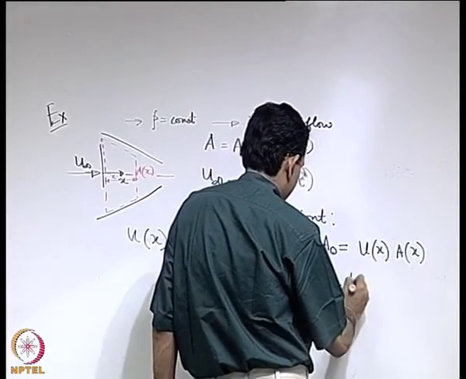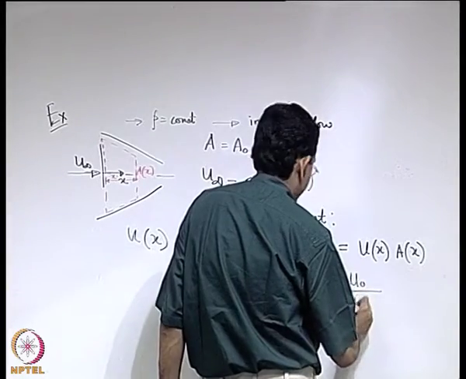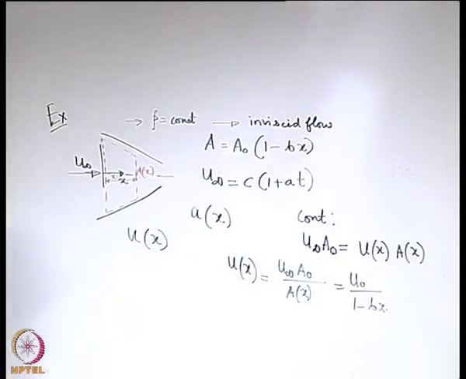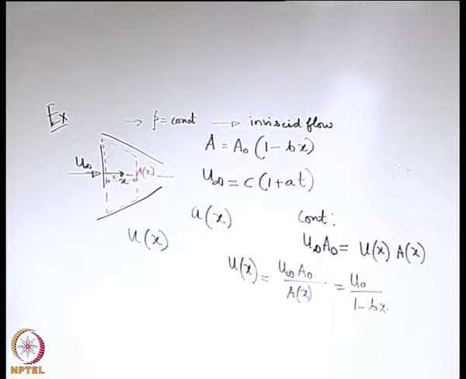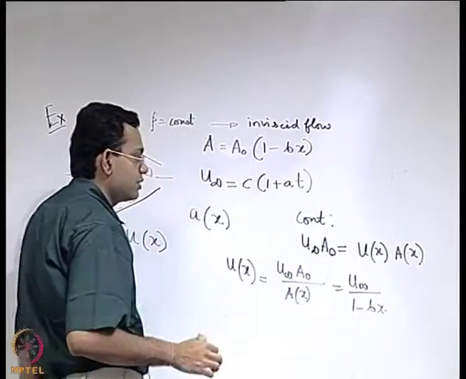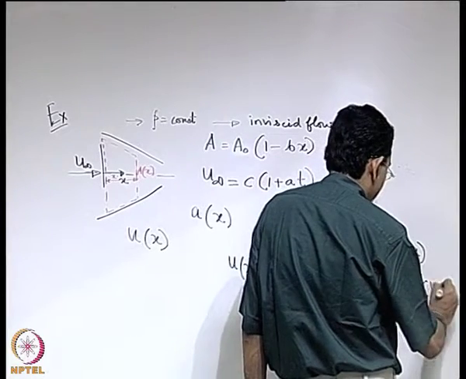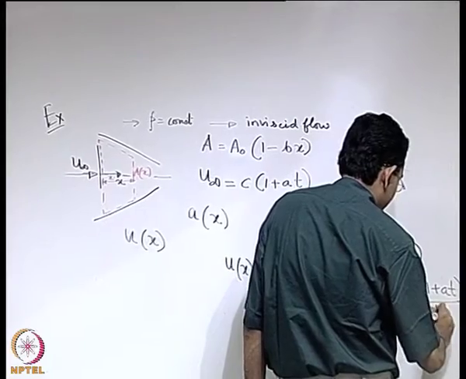So, that is u infinity divided by 1 minus bx, because A naught by A is 1 by 1 minus bx. You have to also keep in mind that u infinity is not a constant, but it is a function of time. So, it is c into 1 plus at divided by 1 minus bx.